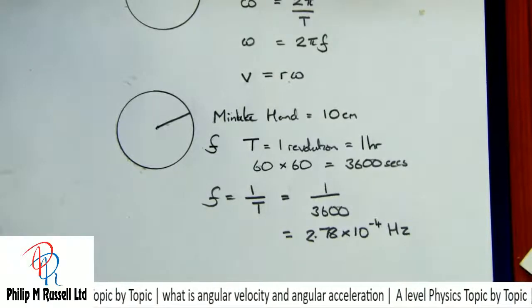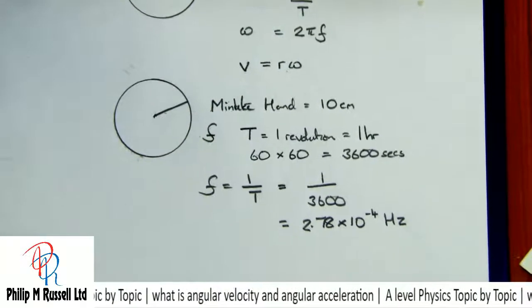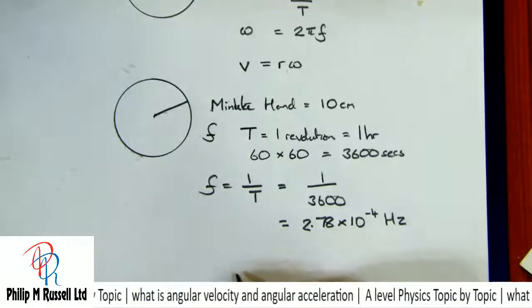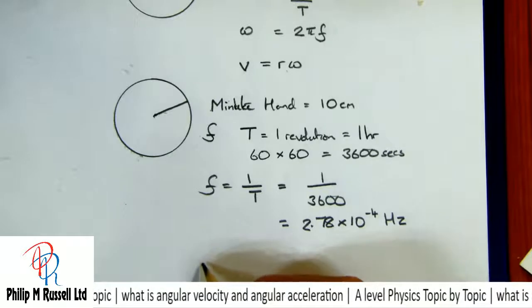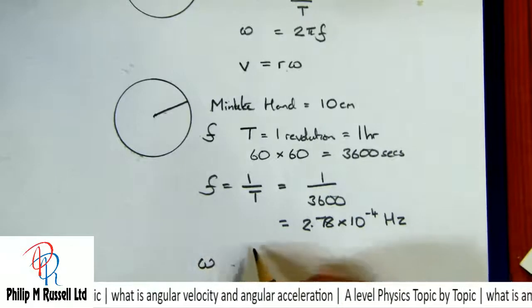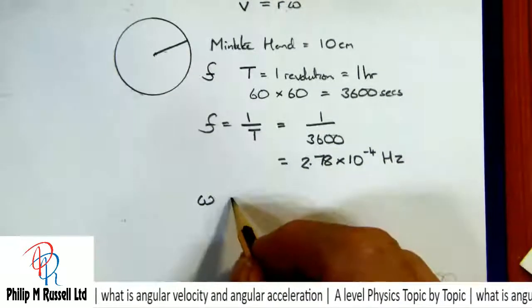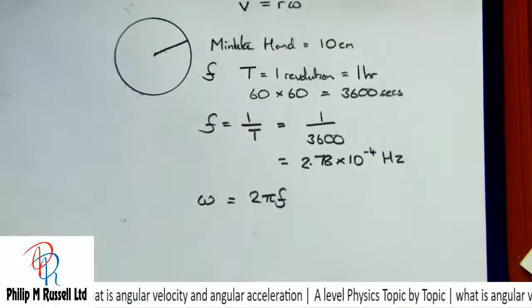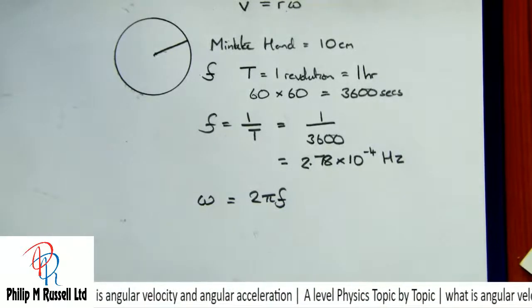What's going to be my angular speed? My angular speed here is going to be 2 pi times the frequency.